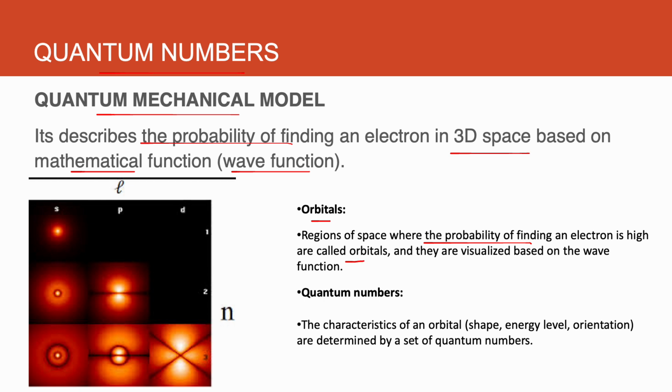They are visualized based on the wave function. Actually, if you square your wave function, you would get the probability of finding an electron. The shape, energy level, and orientation of an orbital are determined by the set of quantum numbers. So quantum numbers are basically the address of your electron, the most probable address of your electron at a certain period of time.